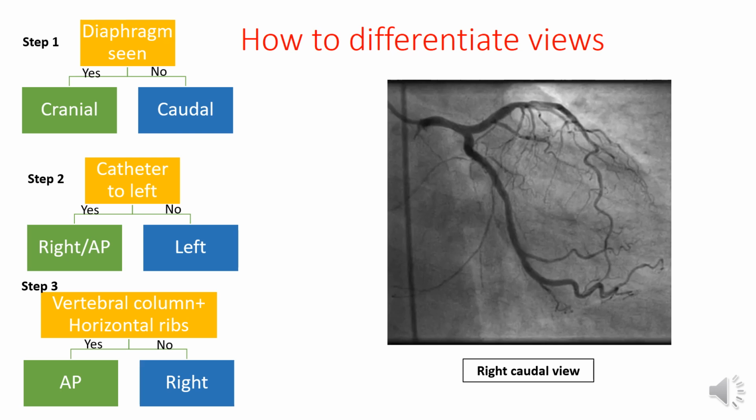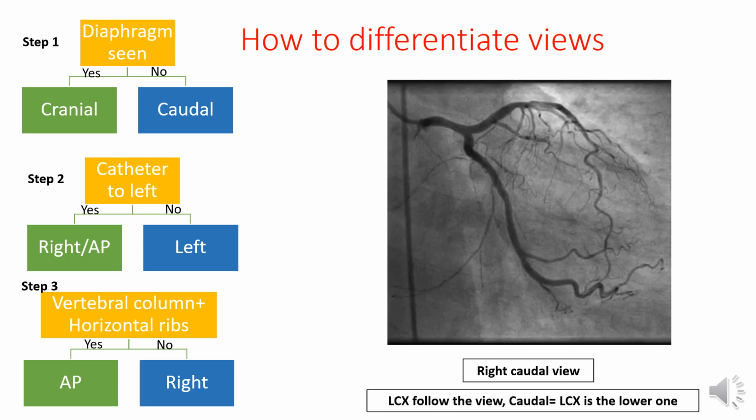And as we mentioned before, the circumflex follows the view, so this view is caudal, so the circumflex is the lower vessel seen here. And as we discussed before, the caudal views are aligned more with the atrioventricular groove of the heart, so the vessel that is seen running along the picture is the circumflex.